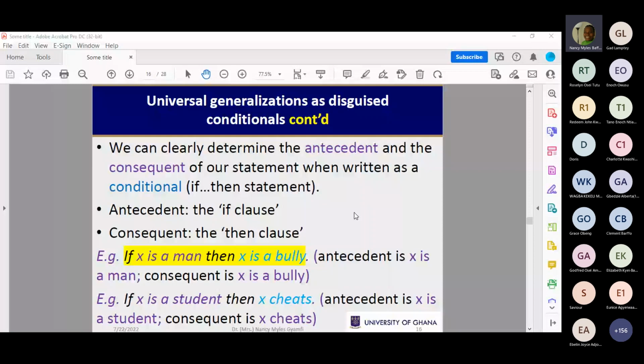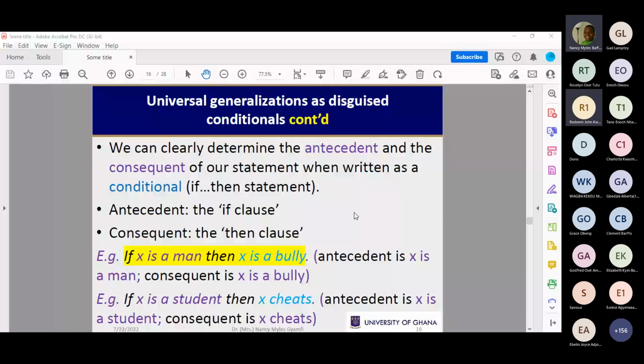I didn't say animals that like fish are cats. That would change the antecedent and consequent position immediately. But I said cats like fish. So if X is a cat, then X will like fish. Full stop.